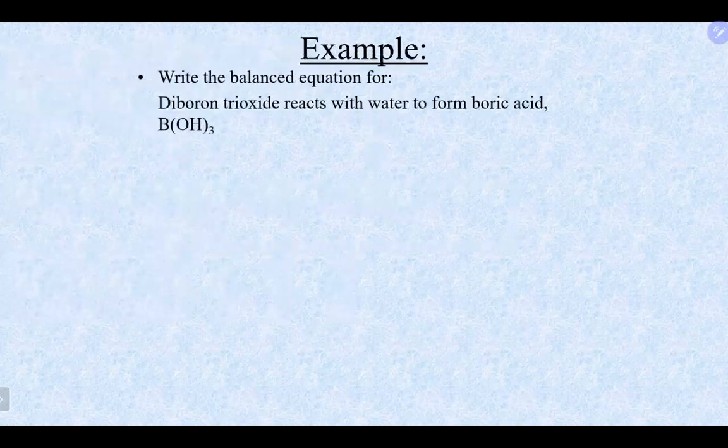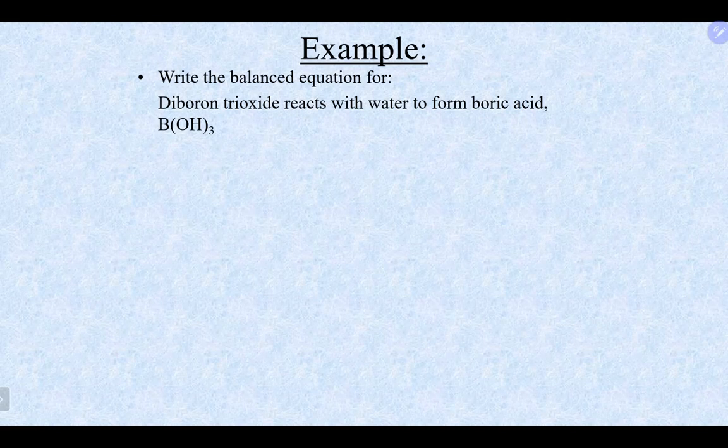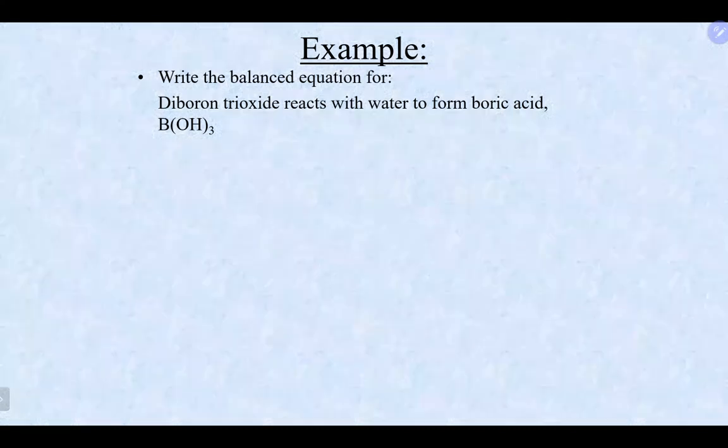All right, balance this equation. Diboron trioxide reacts with water to form boric acid, which is BOH3. Okay, let's take a look. So once again here, if we have something in words, as we were talking about, you definitely want to make sure you get the right formulas.